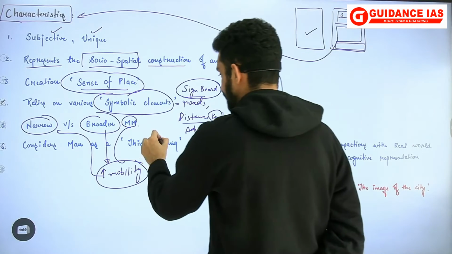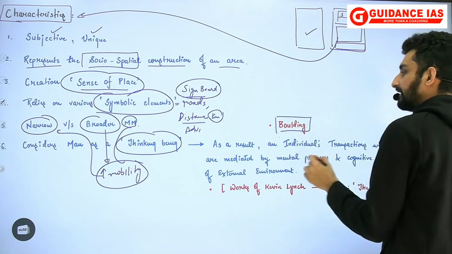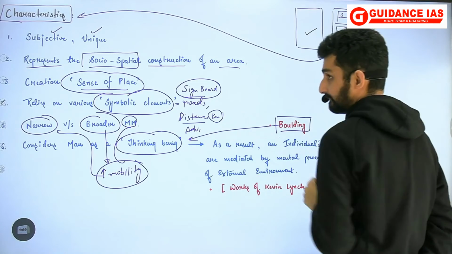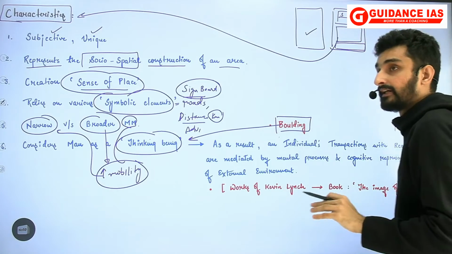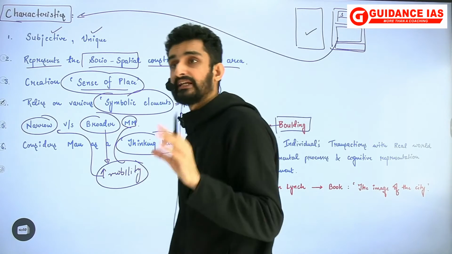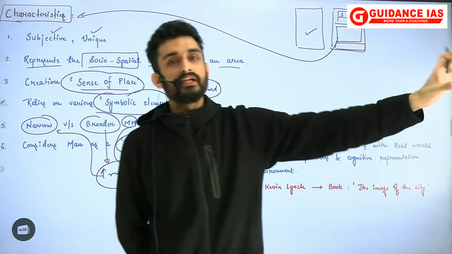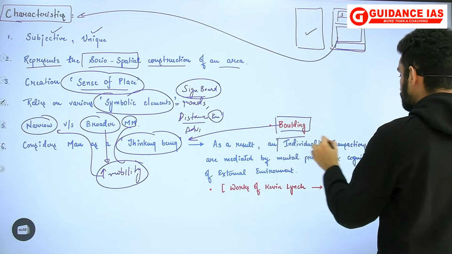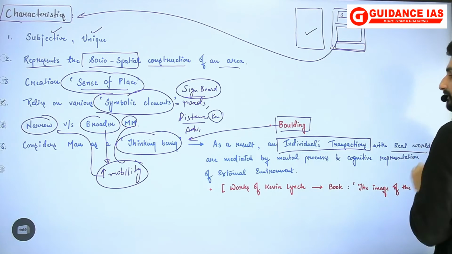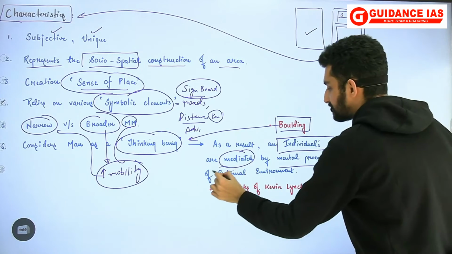Then it considers man as a thinking being. So Boulding said that the concept of mental map considers man as a thinking being, because since he or she is thinking, he or she is able to perceive a particular image of the outside reality. So as a result, individuals' transactions with the real world are mediated by mental processes and cognitive representation of the external environment.